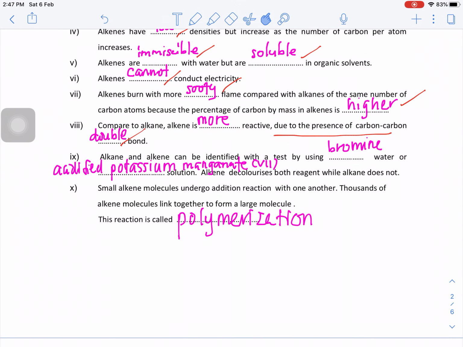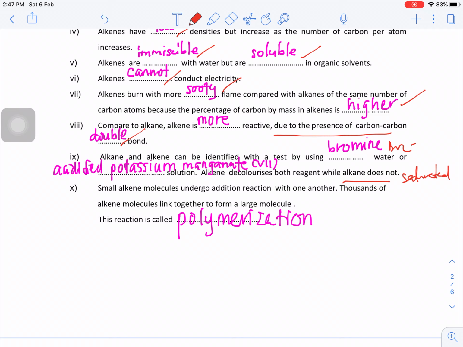Alkanes and alkenes can be identified with a test using bromine water or acidified potassium manganate(VII) solution. Alkenes decolorize both reagents while alkanes do not. Alkanes do not because they are saturated. When saturated, they cannot accept bromine.